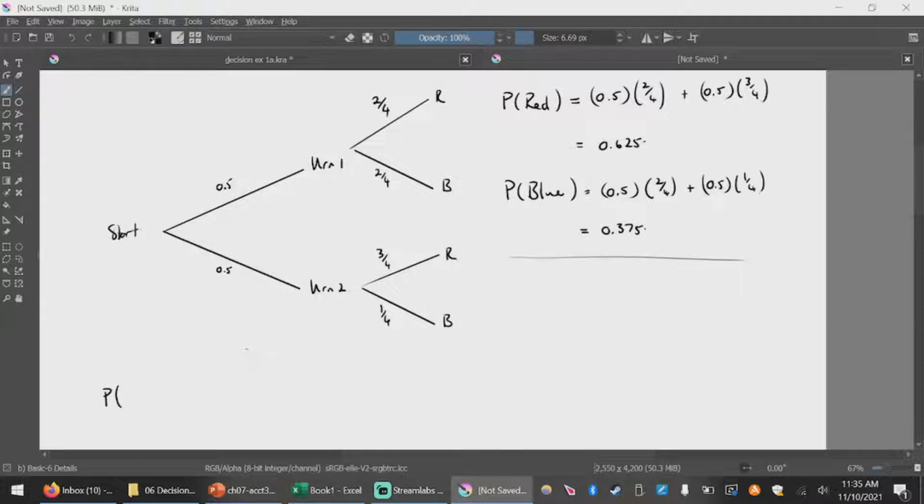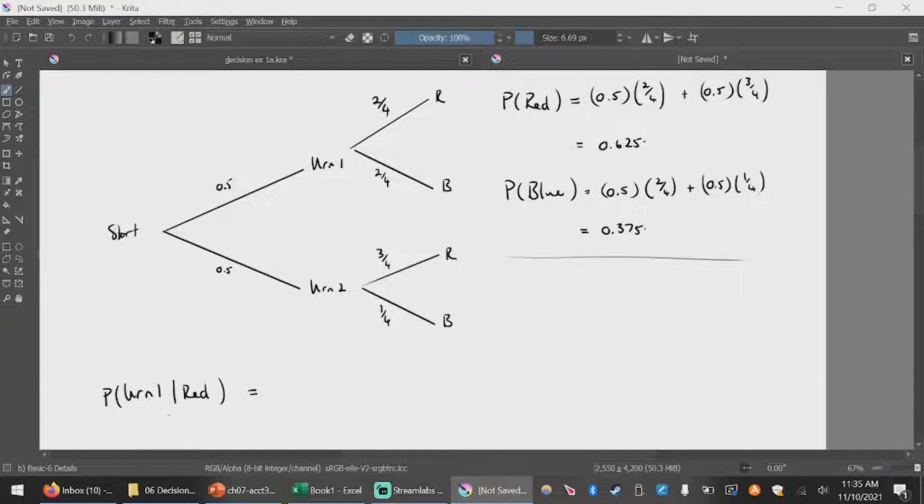I have the red ball in my hand. I tell you, I have selected a red ball. It is a fact. What do you think is the probability that it came from urn 1? There is the probability that I'm trying to figure out.